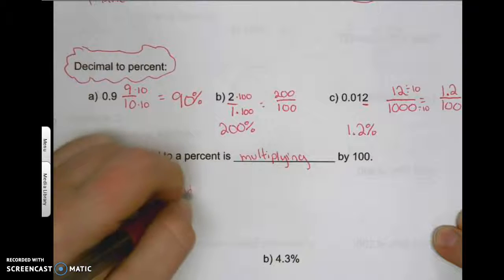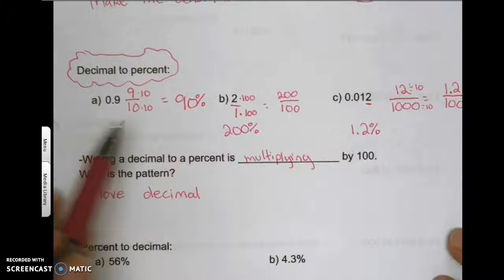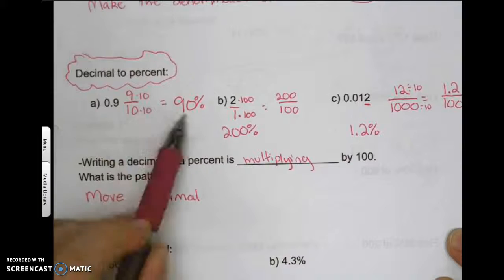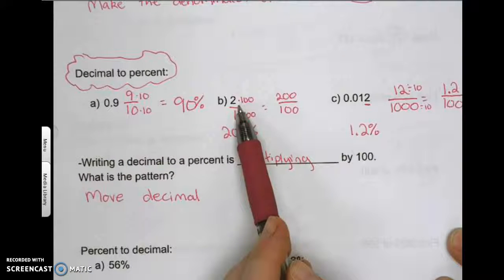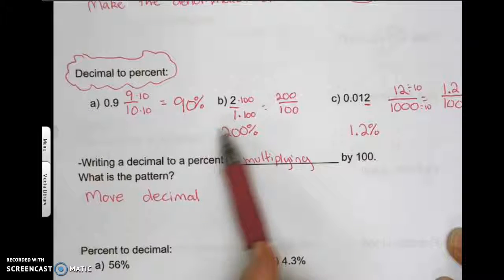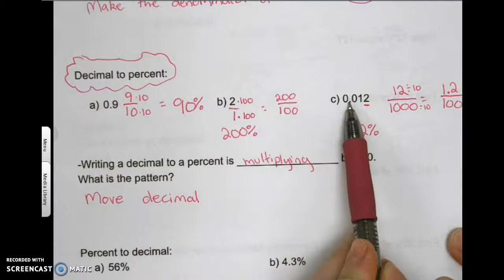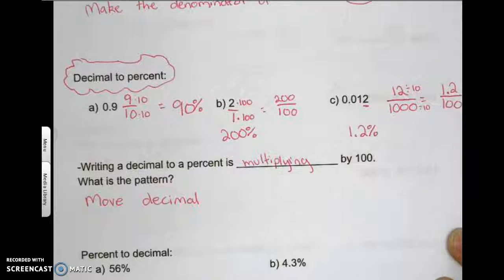When I move my decimal, how many spaces am I moving? So if you look here, we went 1, 2. That gave me 90%. On a whole number, the decimal's on the end. So I moved it 1, 2 to give me 200. And for letter C, I went 1, 2, which gave me 1.2.